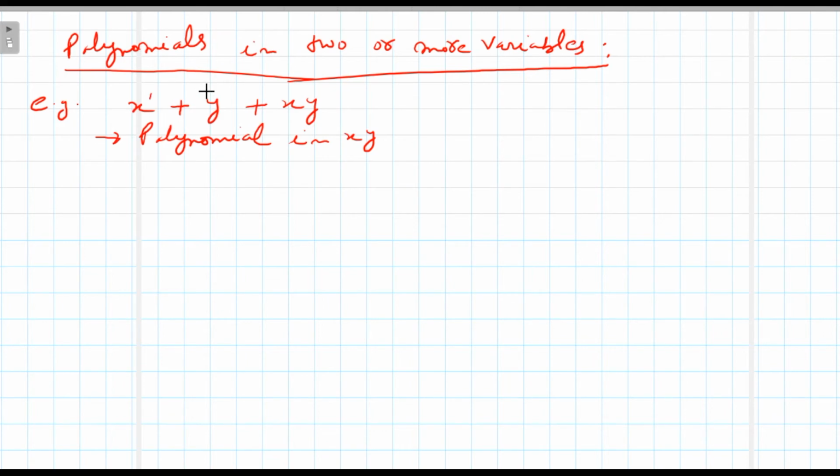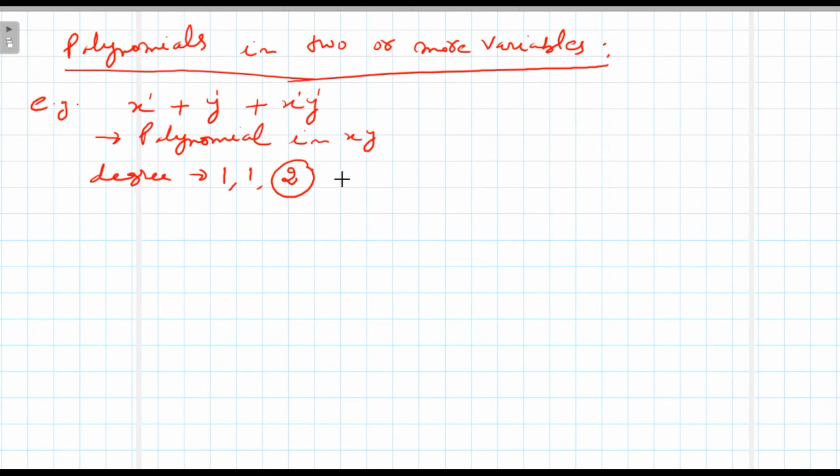Its powers are 1, 1, 1, and by multiplying, as you have seen, powers add, so it becomes 2 here.